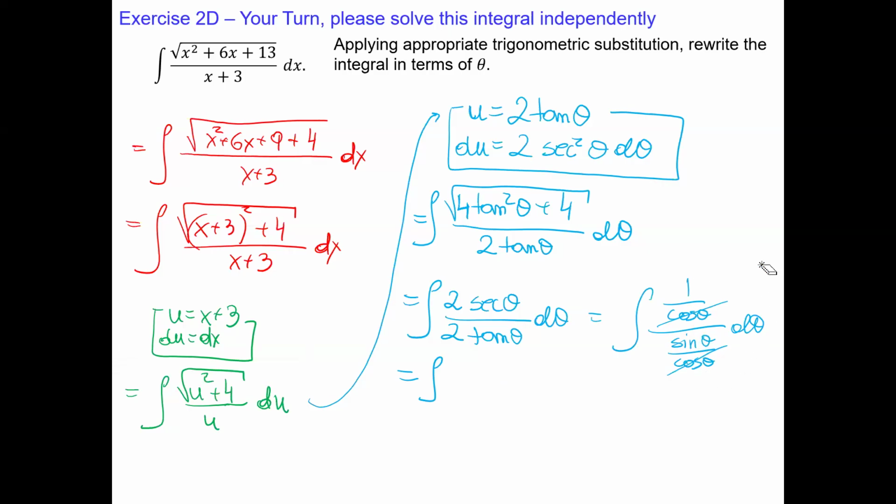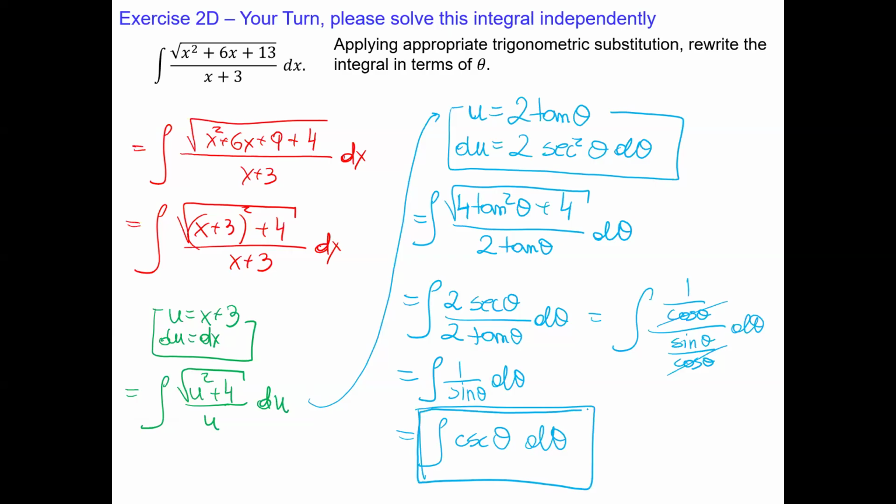When we flip, it's 1 over sine theta d theta. Oh, and this is cosecant theta. Let's leave it, because we have to just leave it in terms of theta. That's good, actually. We can leave it like this.